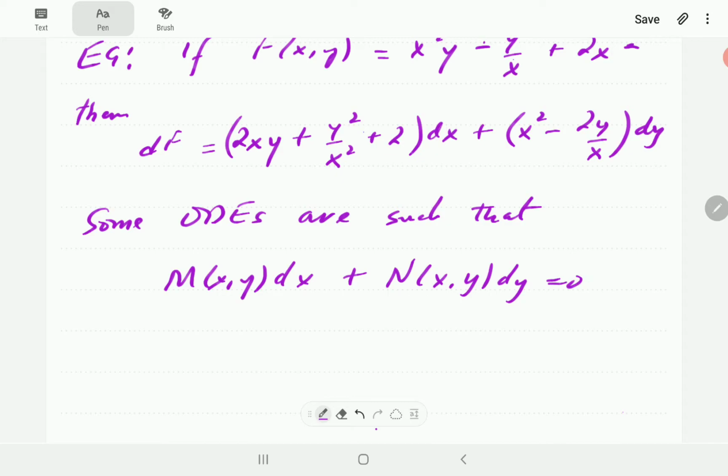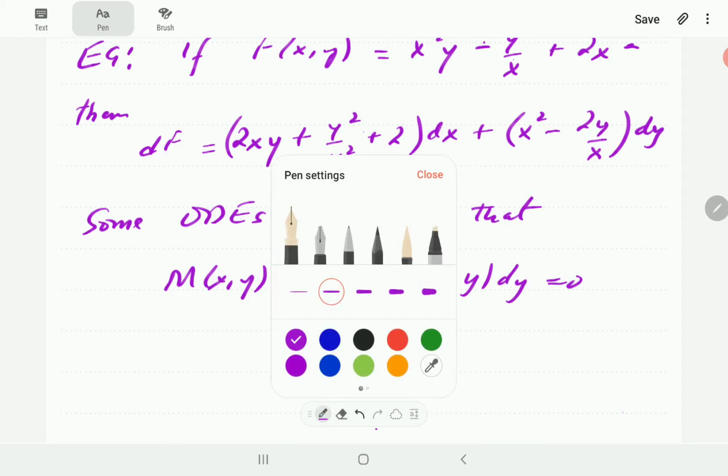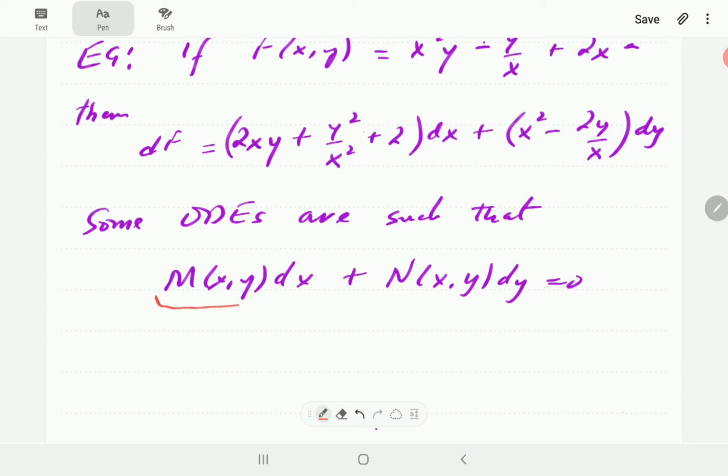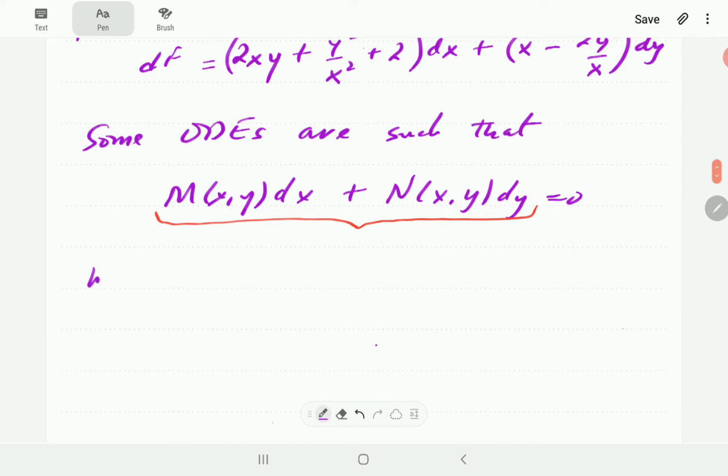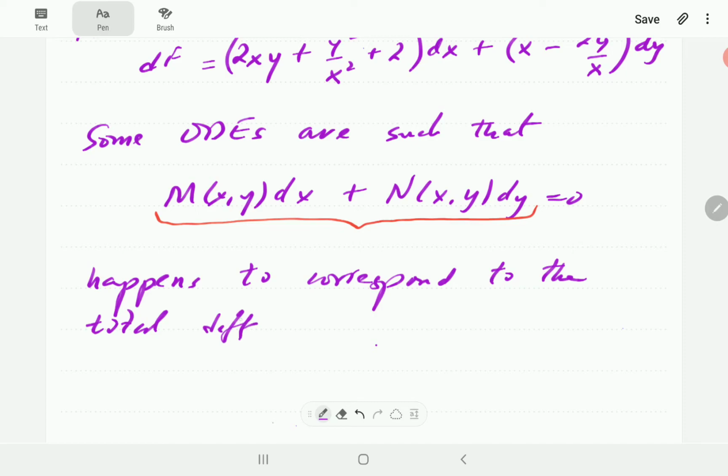So some ODEs are such that this left hand side happens to correspond to the total differential of some function f, which we don't know.